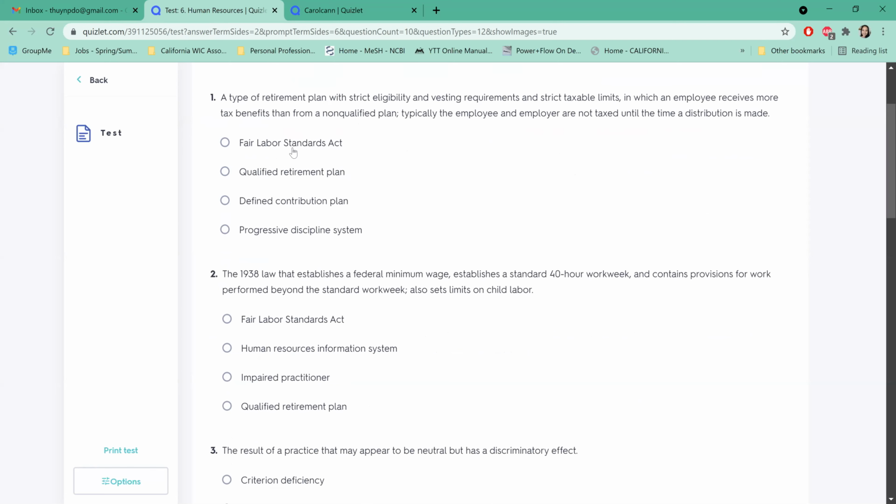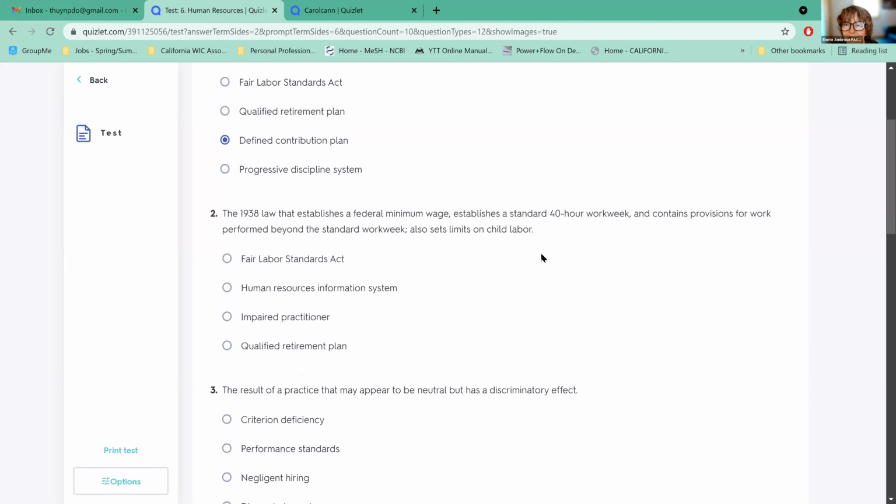So is it A, the Fair Labor Standards Act, B, Qualified Retirement Plan, C, Defined Contribution Plan, or D, Progressive Discipline System? C. C, Charlie. C, Defined.